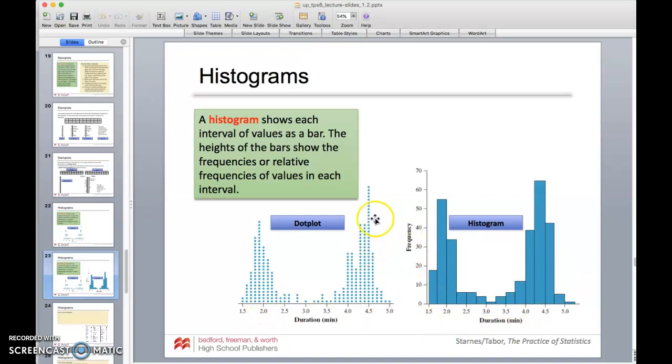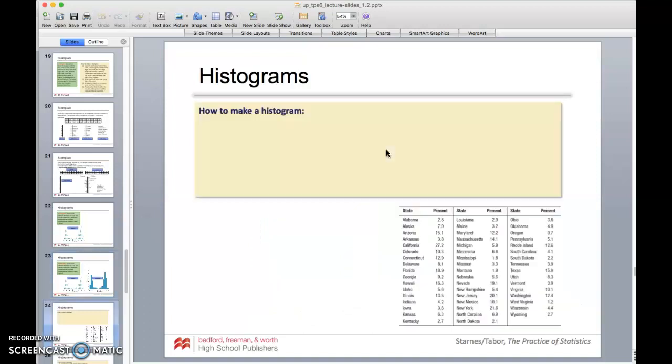So they look very similar in a way. Now again, we could use relative frequencies where instead of the actual number here, we would use percentages. We could certainly do that. And again, when you're comparing things that don't have the same amount of variables, you certainly want to use relative frequency as we go. So how do you make a histogram?